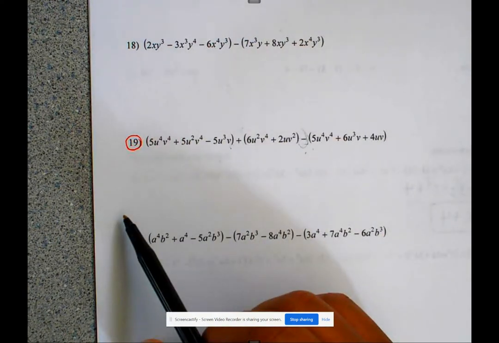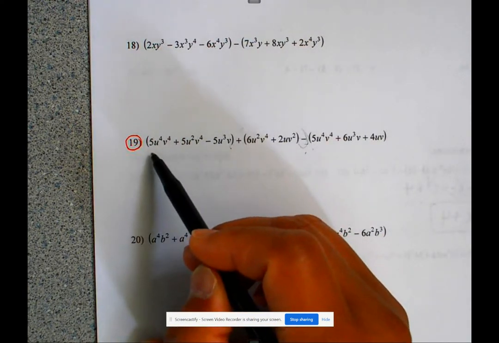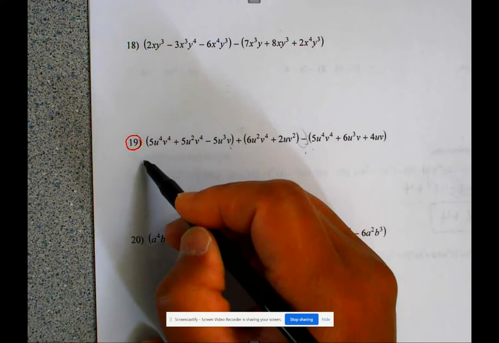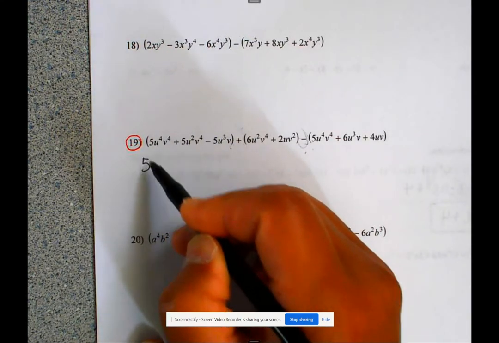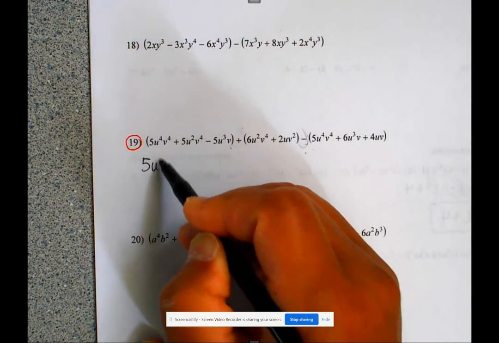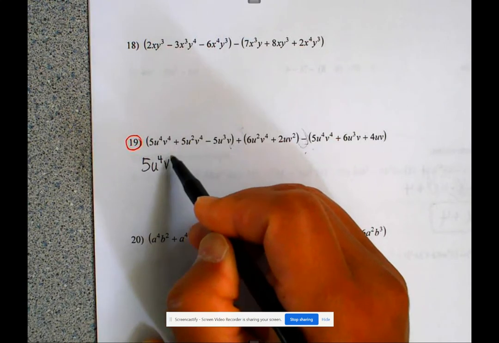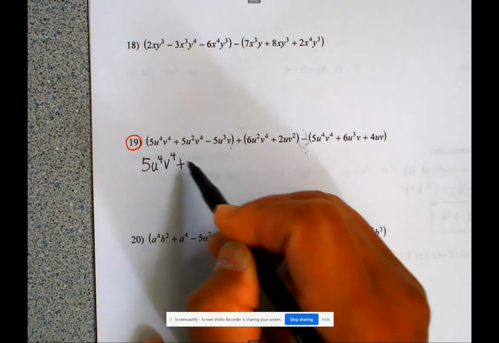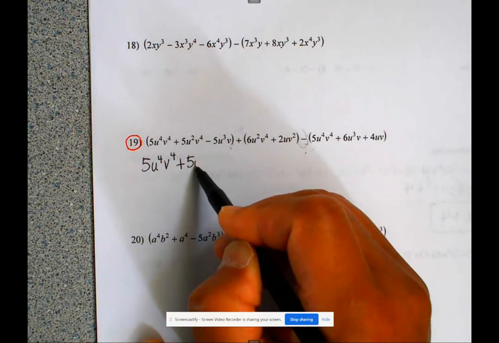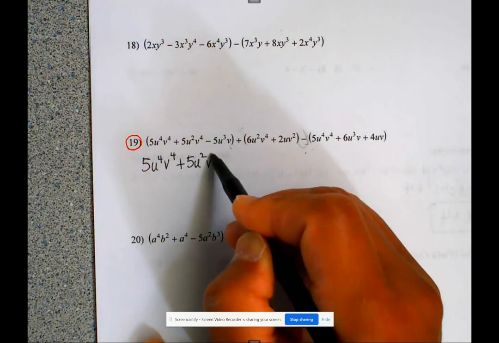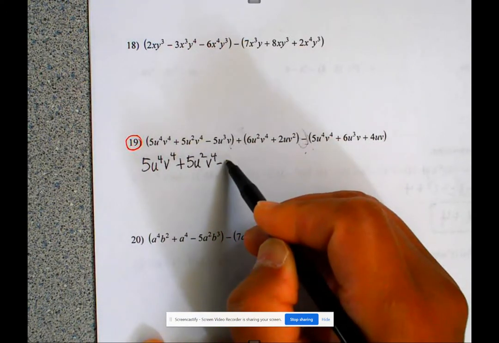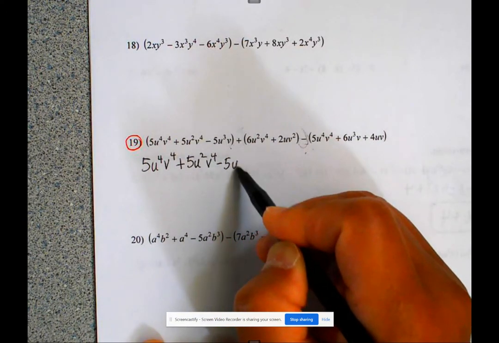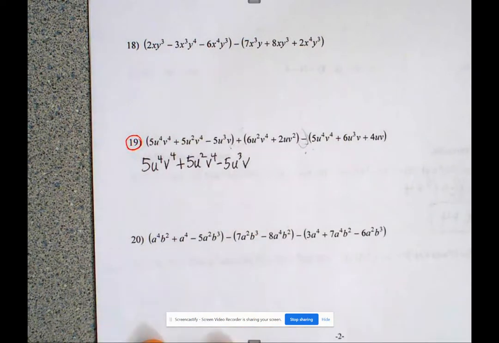So without parentheses, I'm going to write the first parentheses without changing any sign. So this is 5u to the fourth, v to the fourth, plus 5u to the second, v to the fourth, minus 5u to the third, and v.